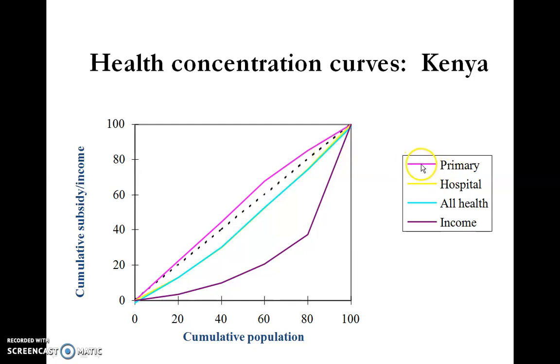If you look at government spending on primary care, you can immediately see that it is very well targeted at the poor. It's what we would consider per capita redistributive because it lies above that line of equality, even though there's room to let it lie even further above that line of equality.